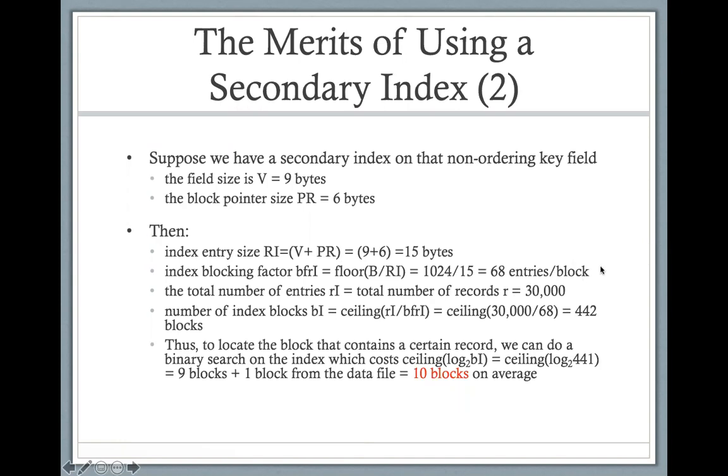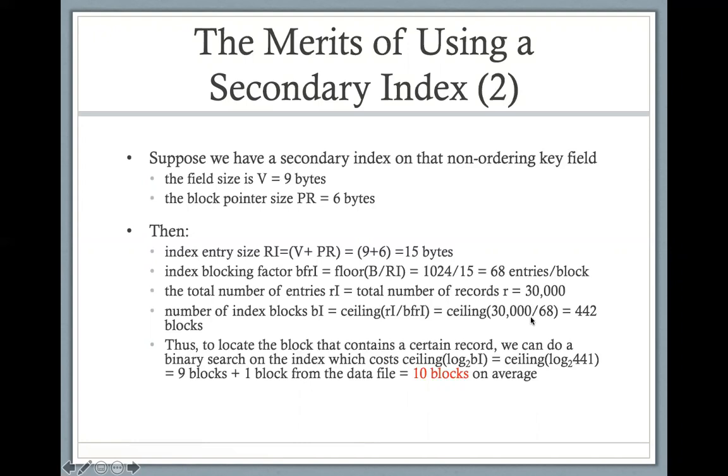So how many blocks do I need? I have 30,000 entries divided by 68 entries. That's 442 blocks. So in total, I need 442 blocks for the index versus 3,000 blocks for the table itself. How many blocks would I need to read to get to a record? It's log of 442 to the base 2, because I can do binary search on the index.